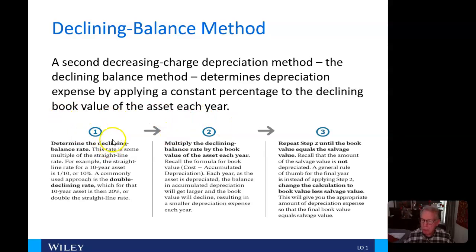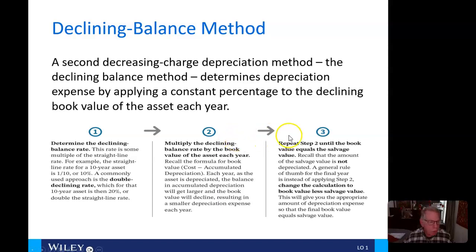So here are the steps. We're going to determine the declining balance rate, and in the case of double declining balance, that's going to be twice the straight line rate. Then we'll multiply that rate times the book value of each year.